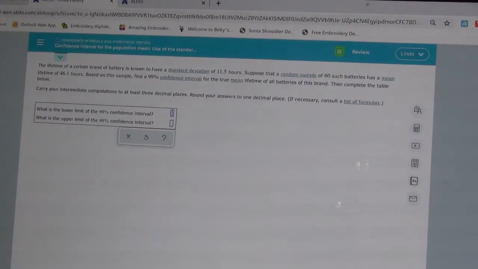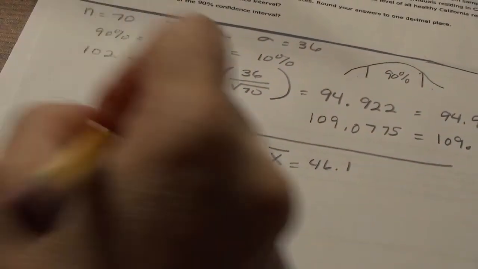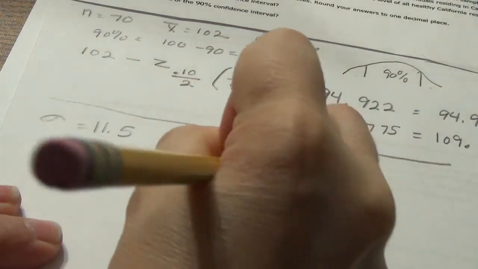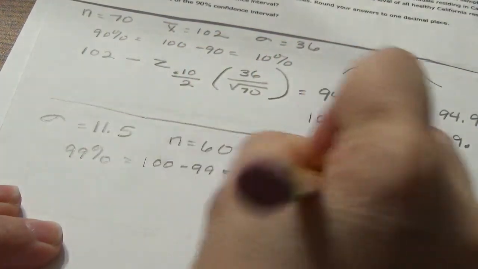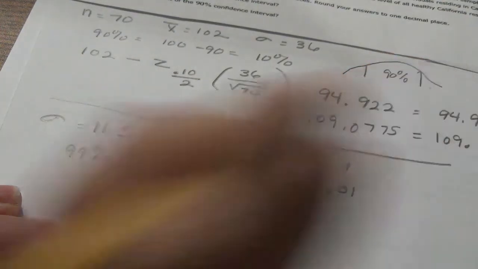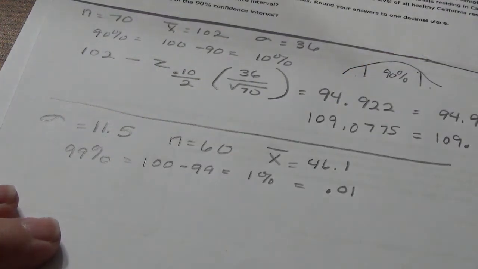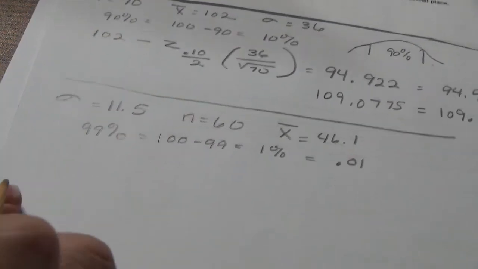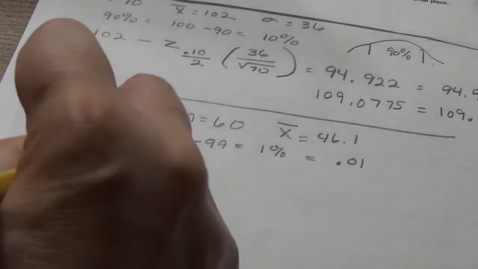So, got my numbers down that I need for my formula. Again, I am going to take 100 minus 99, which gives me 1%. And so I'm going to use 0.01 when I use my formula. And so X bar is 46.1.